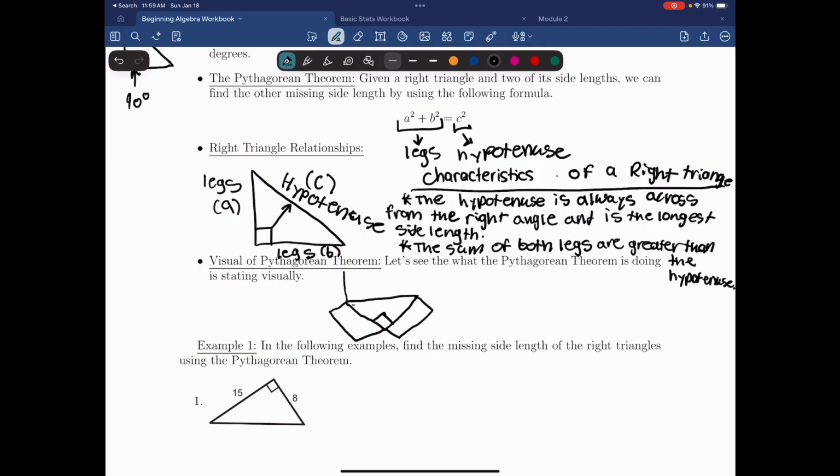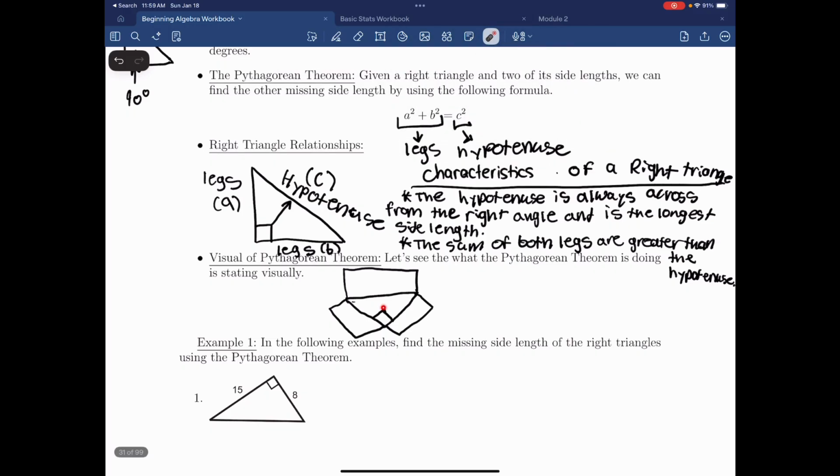And then I'm going to have a square here on this side length. Because this side length is directly across the 90-degree angle, this here is going to be our hypotenuse.